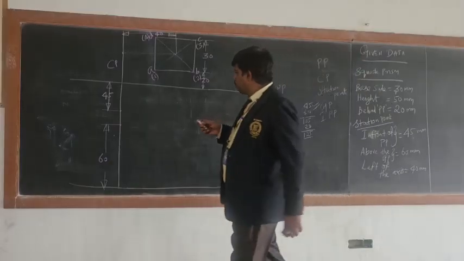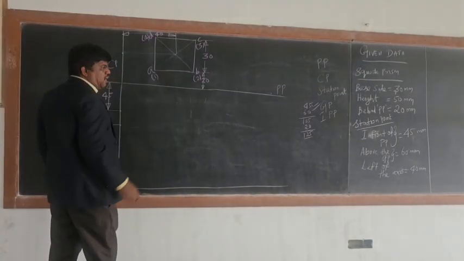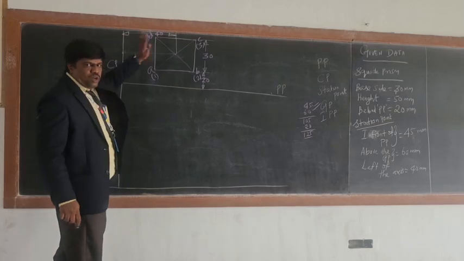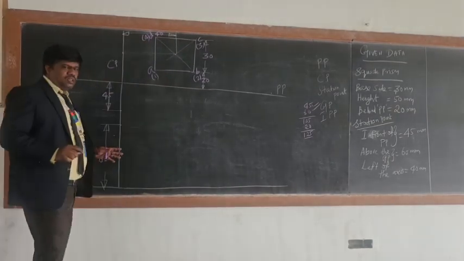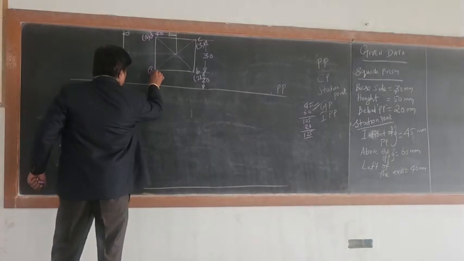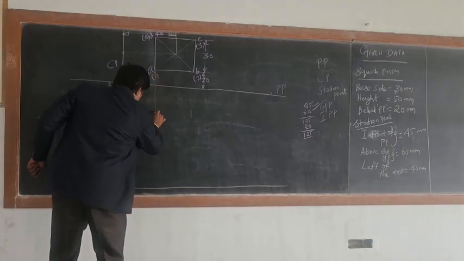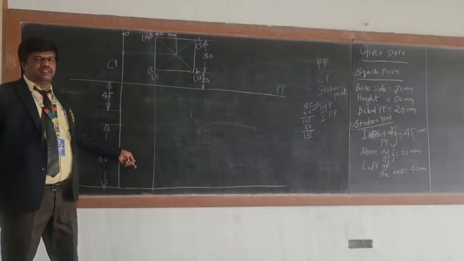So you project a line from the top of the square. A thin line you can draw. You can always use a 2H pencil. For your understanding only, I am drawing this line.